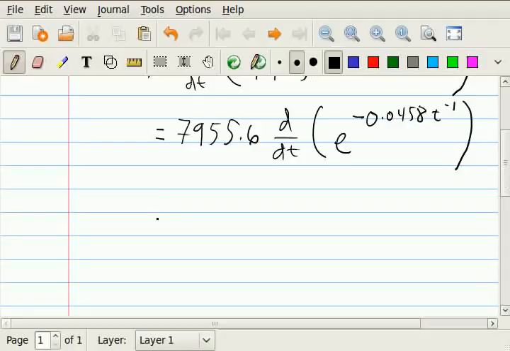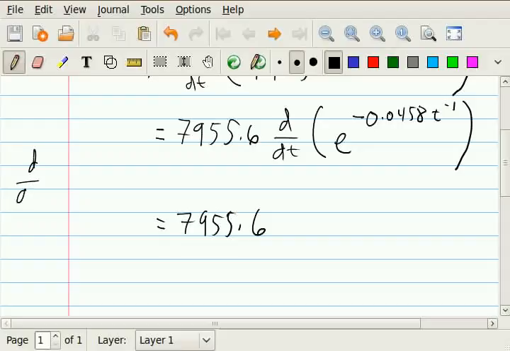And what about this derivative? Well, we have to take the derivative of e to a power. And if the power was just t, the derivative with respect to t of e to the t would be e to the t. But we're taking the derivative with respect to t of e to some other power. It's not just the variable here. So we have to use, yet again, this rule.